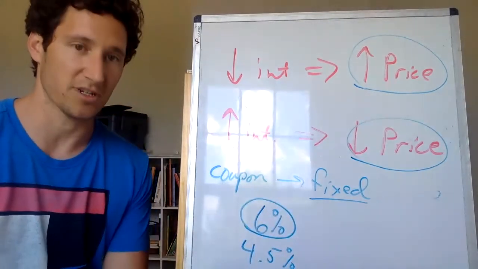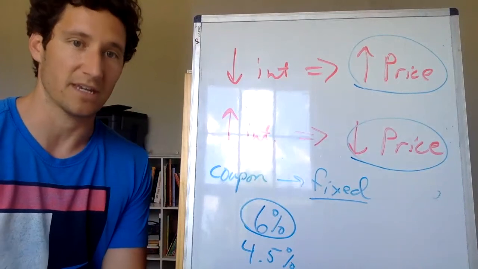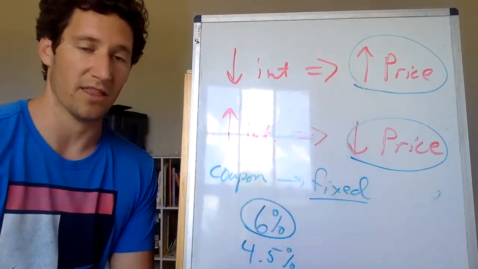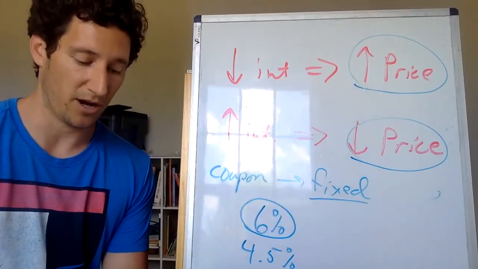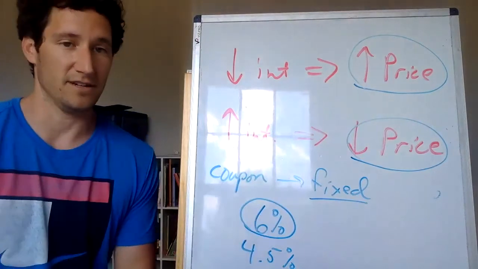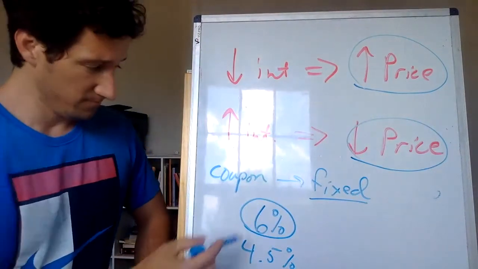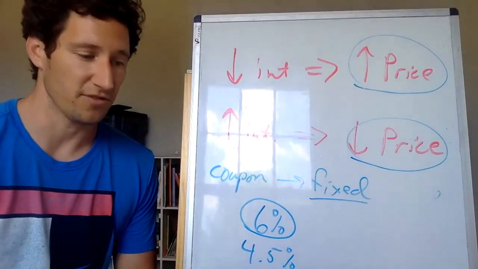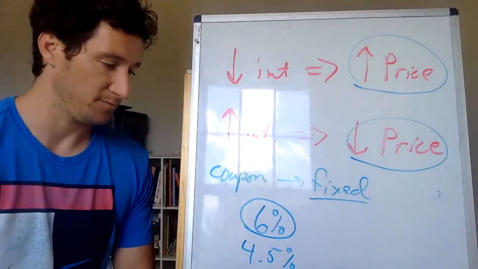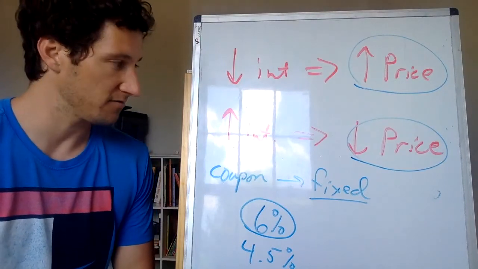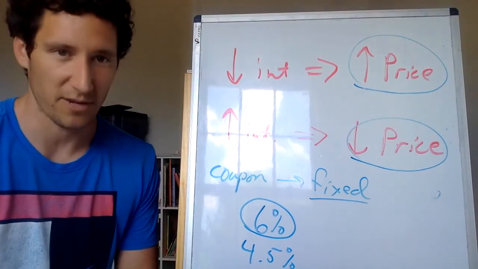You're getting a 6% rate that you otherwise would not be able to get. So the price is affected by that. You could sell that bond because it's still locked at 6% until maturity. So that's going to cause the price of the bond to go up. You can then sell if you want, and pocket the difference, make that initial return early on. All right. Hopefully that kind of makes sense.